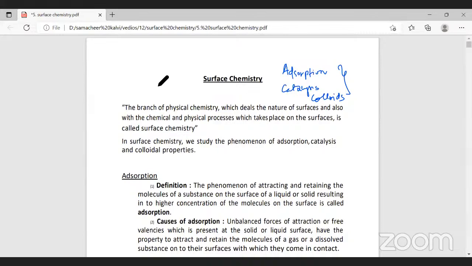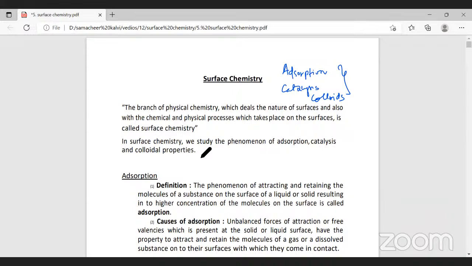So, since it deals with the reaction or interaction between the surfaces of the reactant molecules, we call this branch of physical chemistry surface chemistry. It deals with the nature of surfaces and also with the chemical and physical processes which take place on the surfaces.